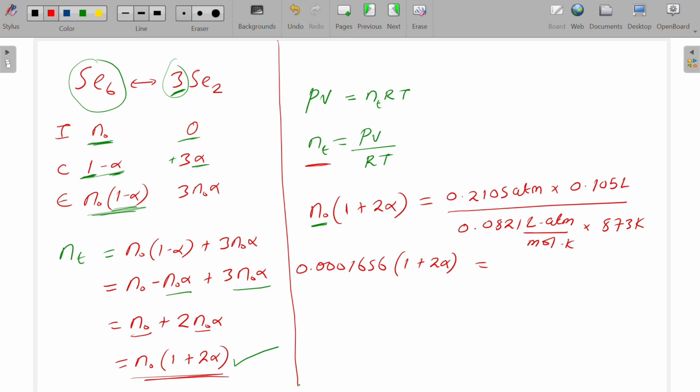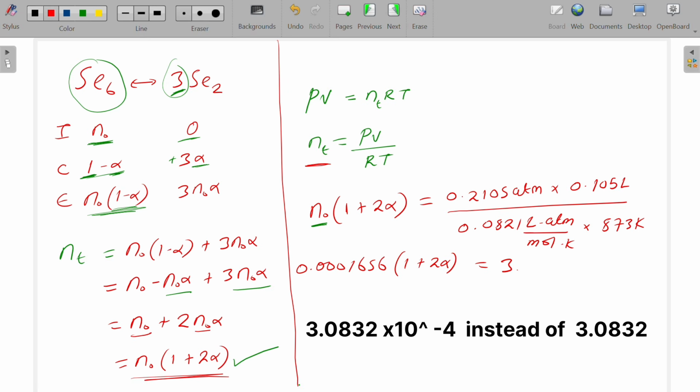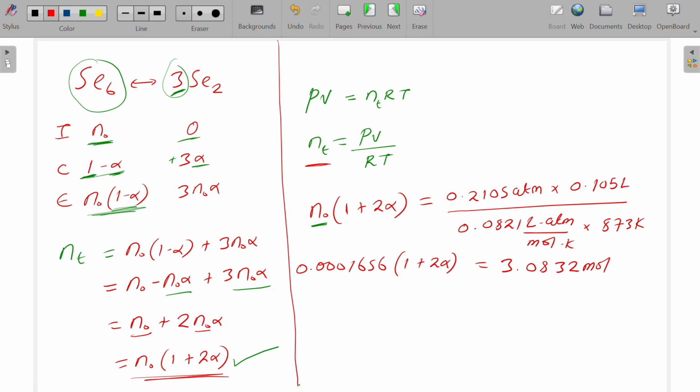So when we punch our calculators here, what we get on the other side is 3.0832. So this is what we're going to get on this side here, 3.0832, and this will be in the units of moles.